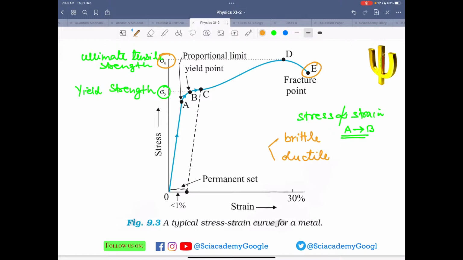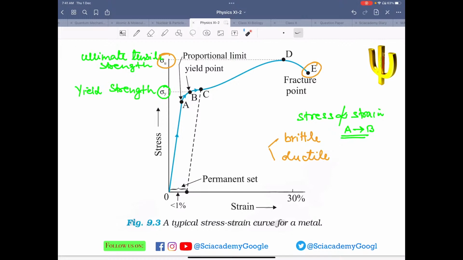So if the distance between D and E, that means the point of ultimate tensile strength and the fracture point, are very close, in that case the body is known as brittle. That means the body material is so brittle that it will break, fracture very soon. And if the distance D and E is larger, then it sustains some more stress, and in that case the material is known as ductile.